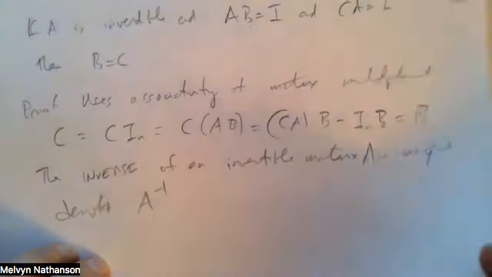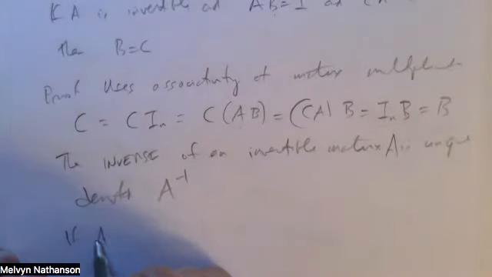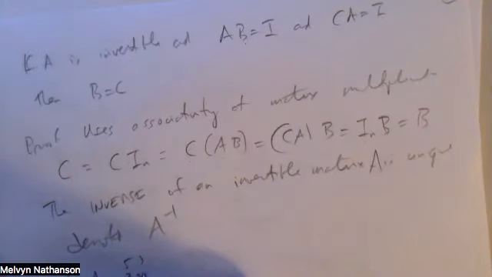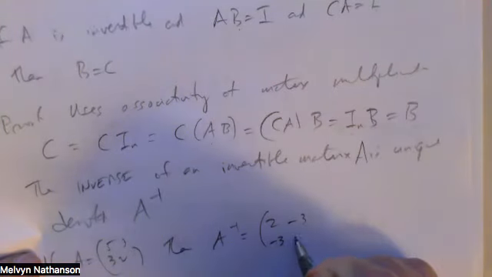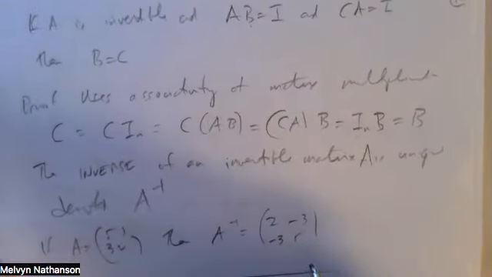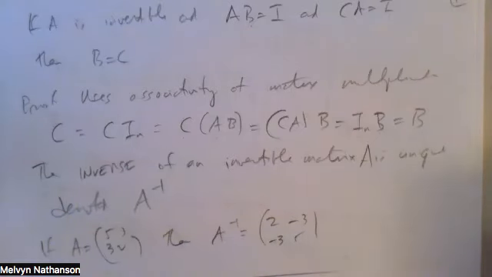So for example, if we look at the matrix we just considered, 5, 3, 3, 2, then A inverse is 2, minus 3, minus 3, 5. And in general, it's important to know if a matrix has an inverse, and it's important to know how to compute the inverse.